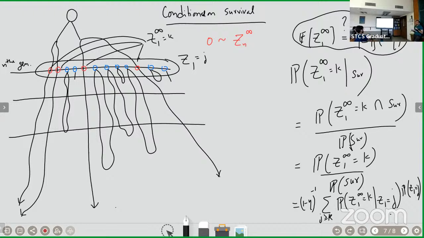That's true. Why is that useful? How do I use that? Except that you don't need to do any more computation. All the computations are now done to characterize it. So if you were to conjecture, whatever I computed is essentially the distribution of red nodes in level 1 given survival.